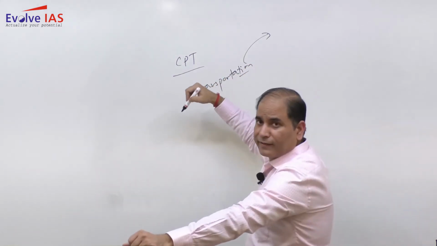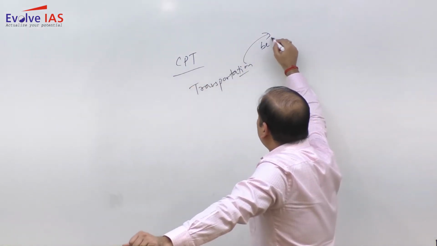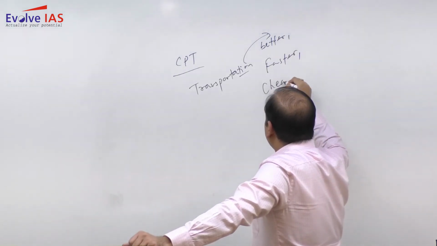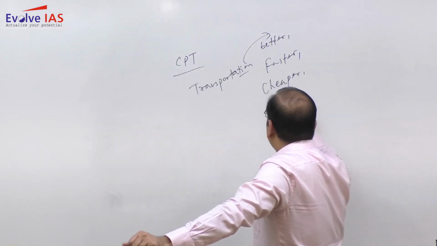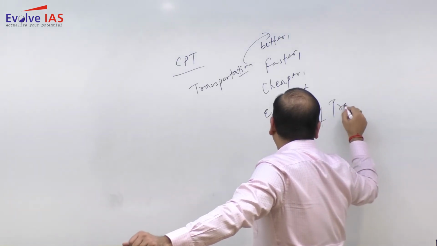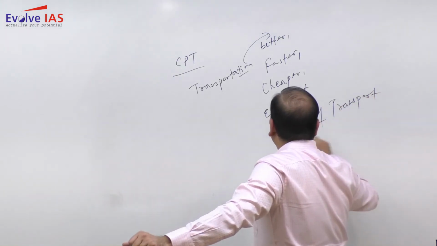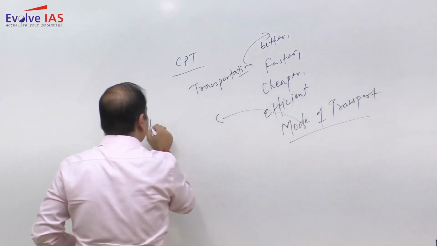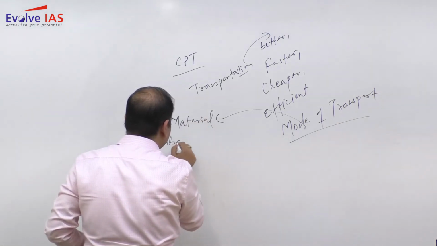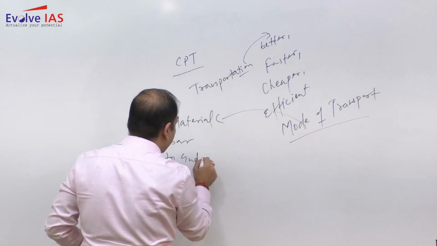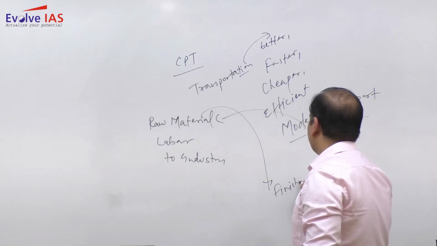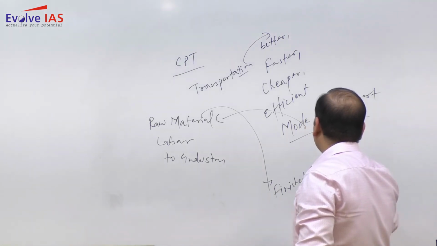Till today you will find those countries that are having a better, faster, cheaper, efficient mode of transport are more developed, because it will help in transporting the raw material and labor force to the industry, and from the industry, finished goods to the market.